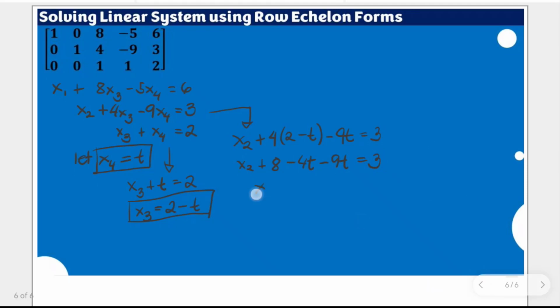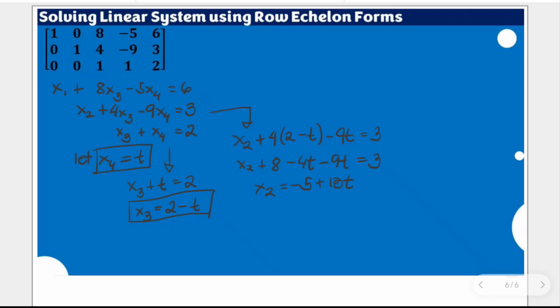Placing all the rest of the terms on the right hand side, you will have negative 5 plus 13t. Negative 5 because that is 3 minus 8, and of course the negative 13t will be moved to the other side, making it positive 13t.